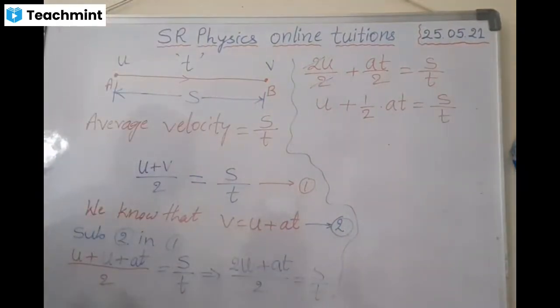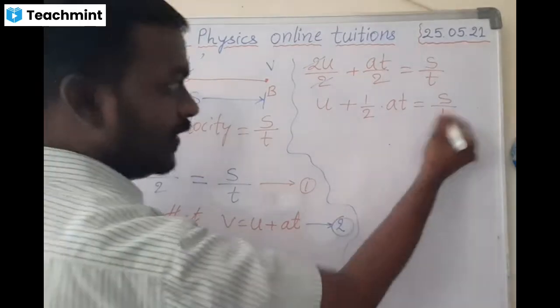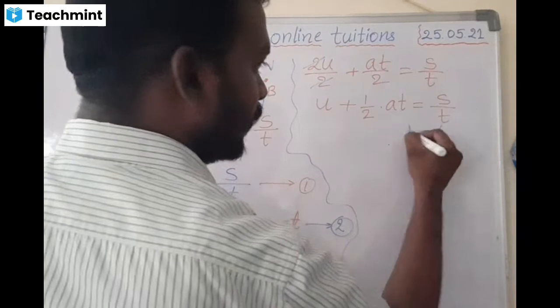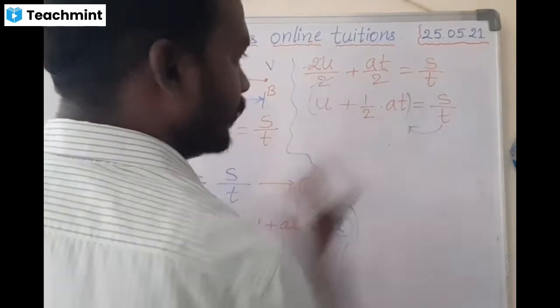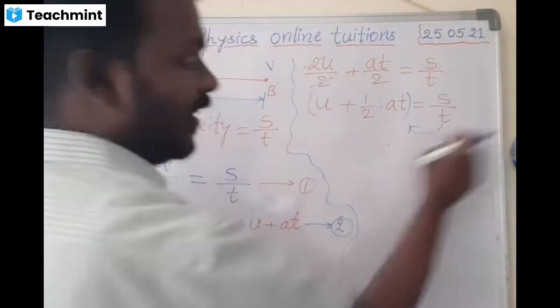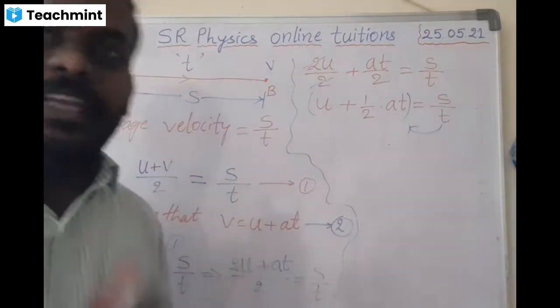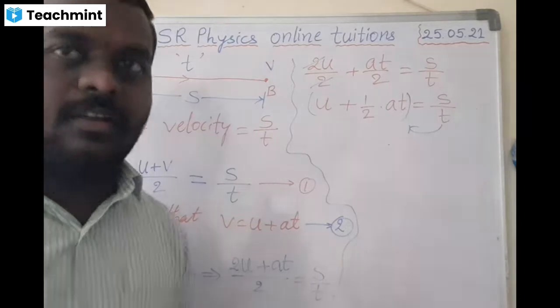After that, I'm taking this T to this side, for the entire term. It is there in division here. After coming to this side, it will become multiplication, right?